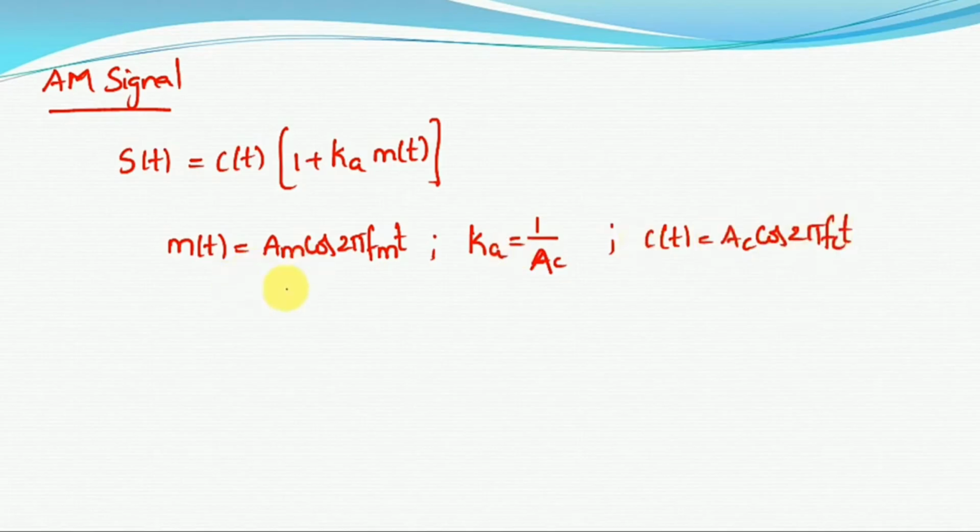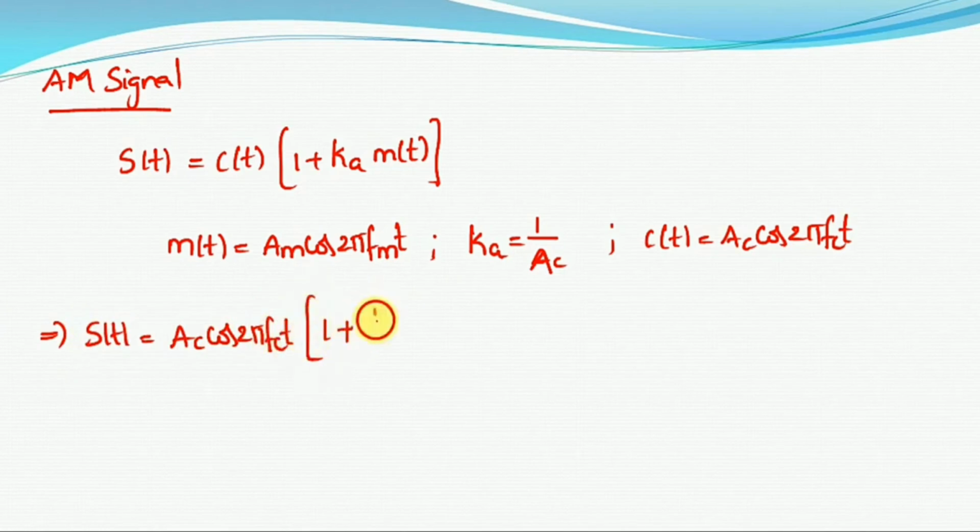Now simply substitute these values in the s(t) expression. Finally we get Ac cos 2 pi Fc t into 1 plus 1 by Ac into Am cos 2 pi Fm t. The ratio Am by Ac is nothing but the modulation index.